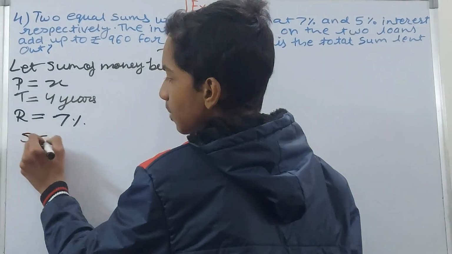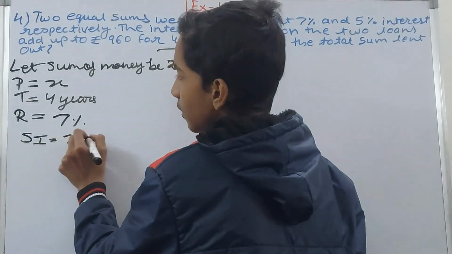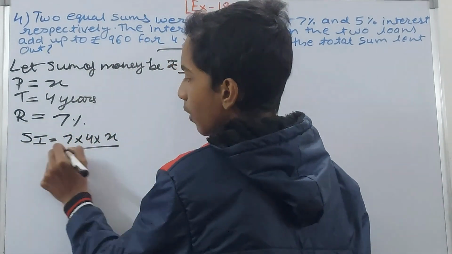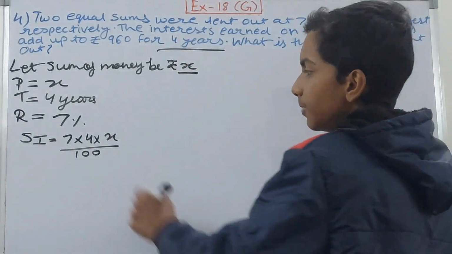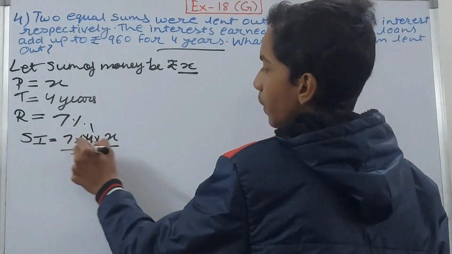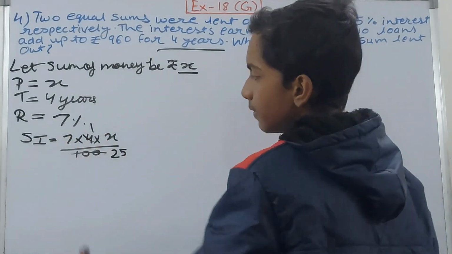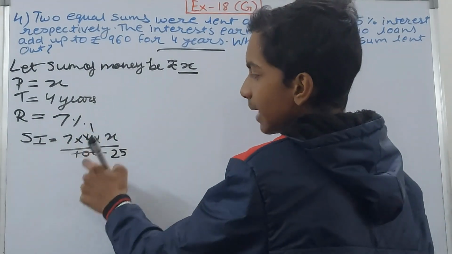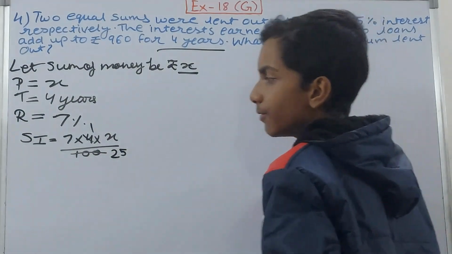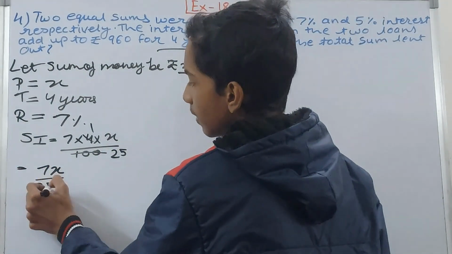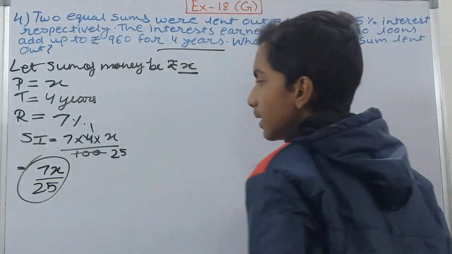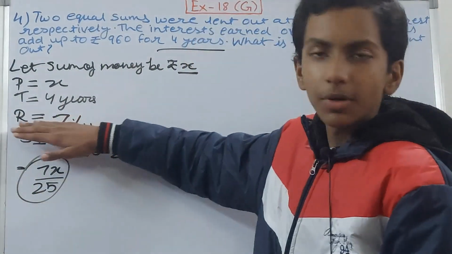So the simple interest becomes 7 into 4 into x upon 100, PRT upon 100. Solve this up: 4 goes 1 time by 4, 100 goes 25 times by 4. So we get 7x upon 25. This becomes our simple interest on 7% rate.